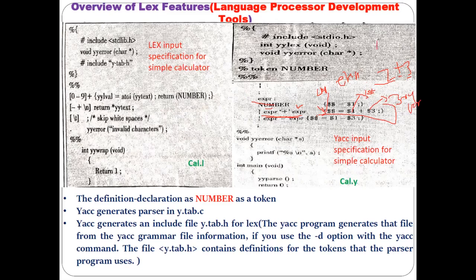And then your 2 plus 3 will be performed as the action, and the result should come as 5. If you get the result as 5, then definitely you can consider that this is syntactically correct. Understood? And this 2 plus 3 must be followed by the semicolon.